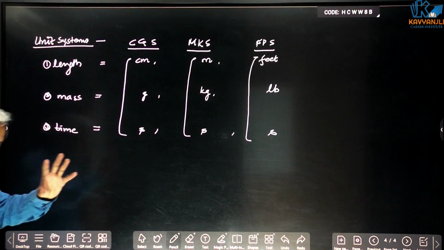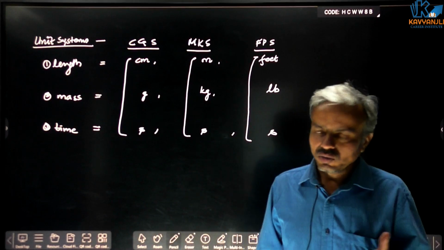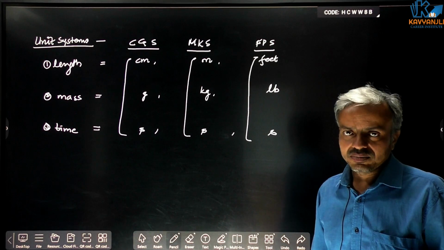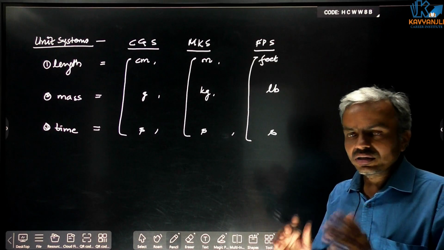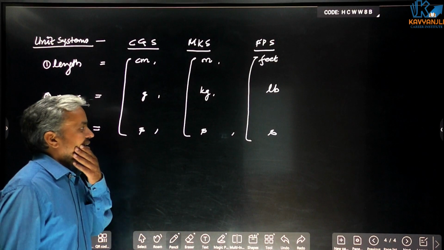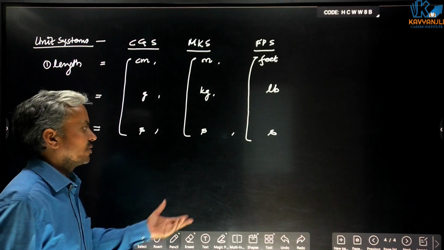So the sets of units which are used for a society of a particular region are called unit systems. A unit system is a set of units. These three are very popular unit systems in the world.